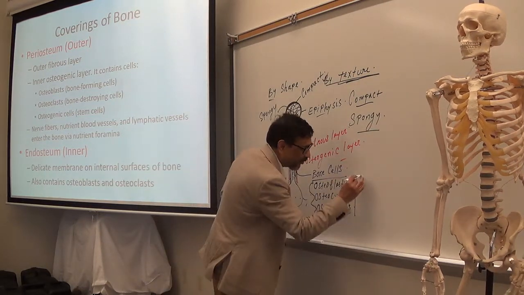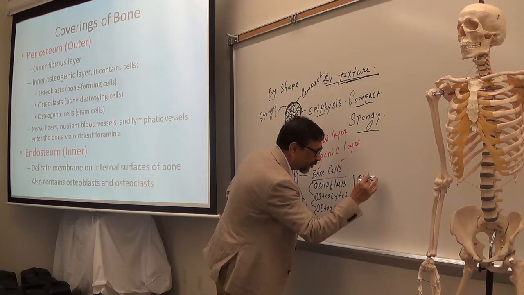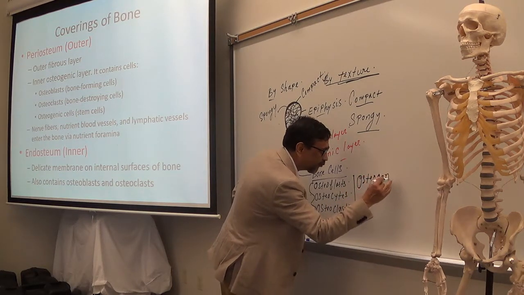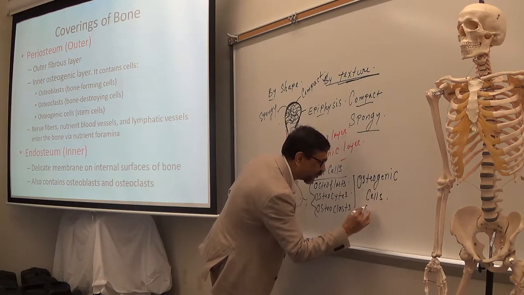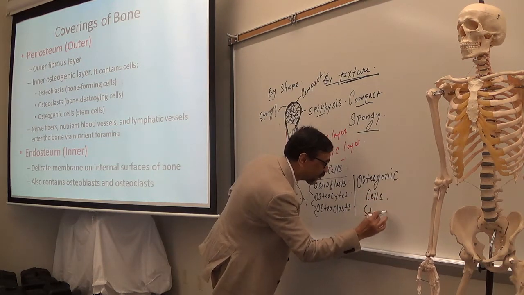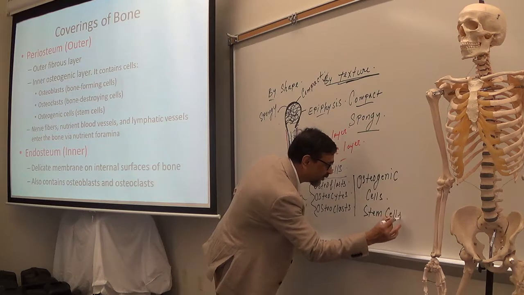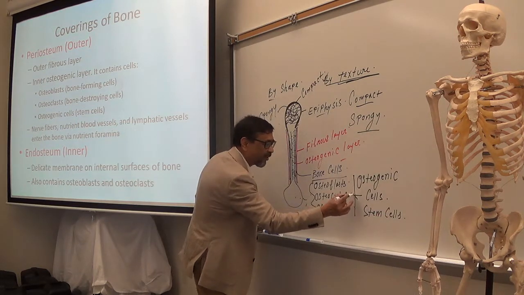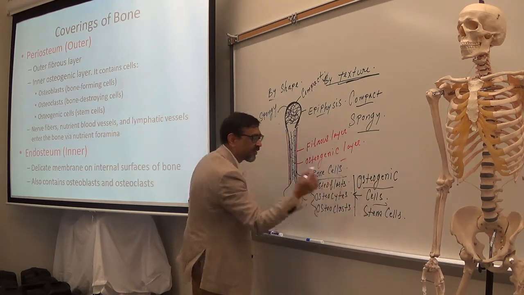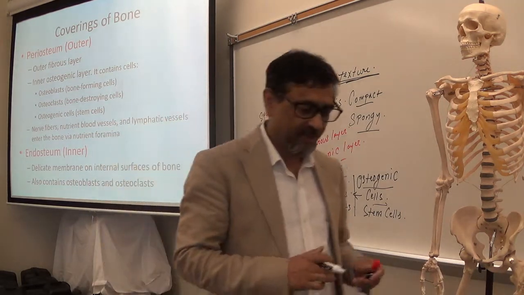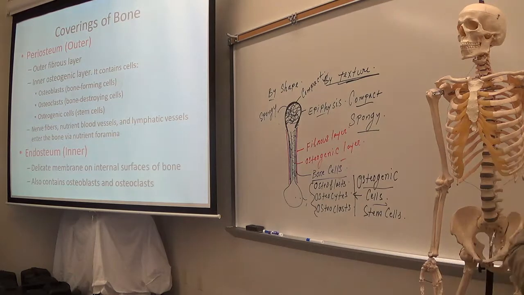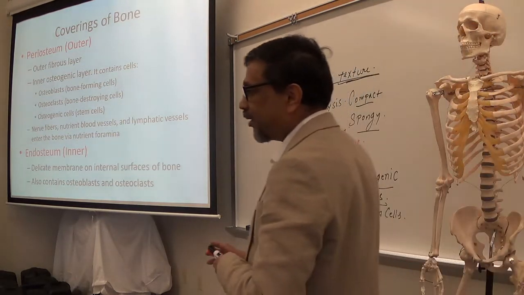So osteogenic cells are the stem cells of the bone cells. So all these cells come from the osteogenic cell, because osteogenic is the stem cell. So those are four different types of cells in the bone.